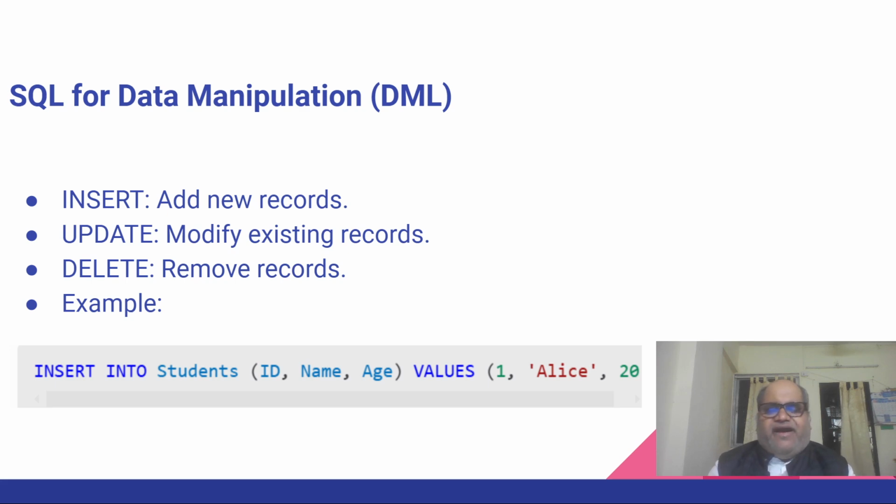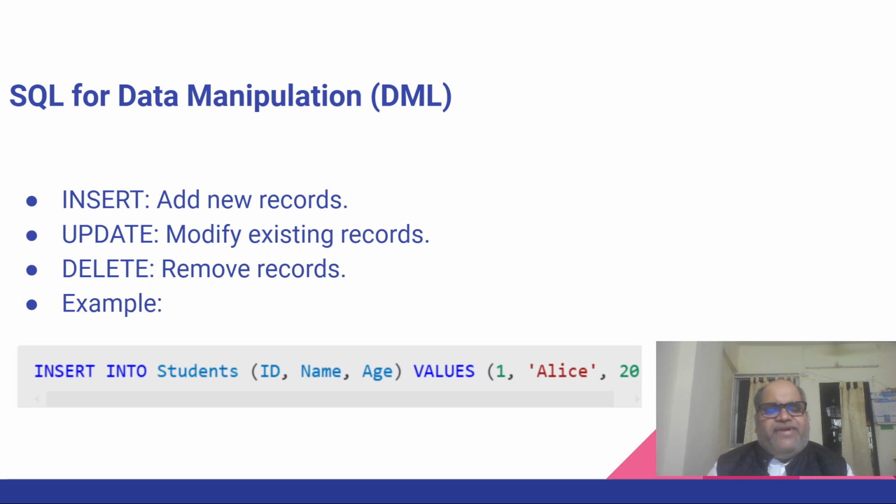Now you might ask, alter and drop, right? So what is the difference between say alter and update, and drop and delete? So the difference here is alter is used to modify the existing table structure itself, right?